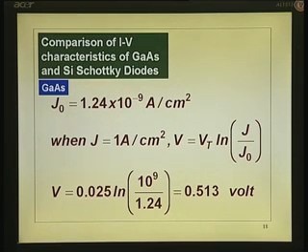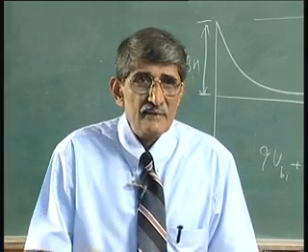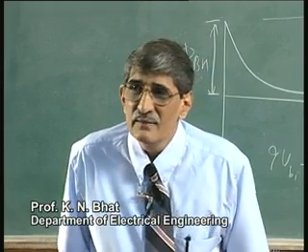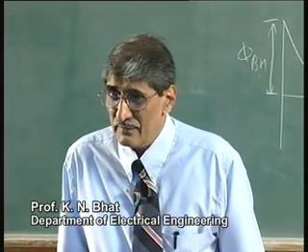Now, comparison of characteristics of gallium arsenide and silicon Schottky diodes. We have just found out J naught is 10 to the power minus 9 in gallium arsenide, and in silicon it is 10 to the power minus 7.